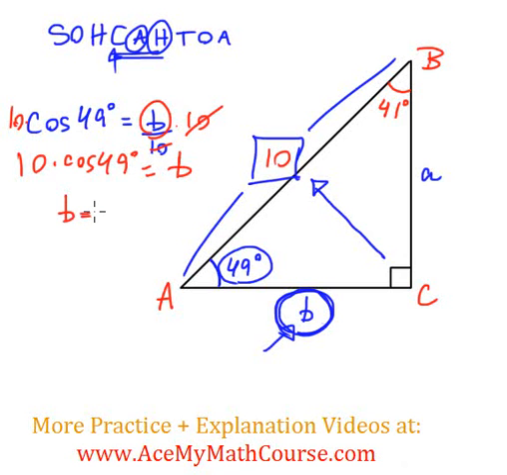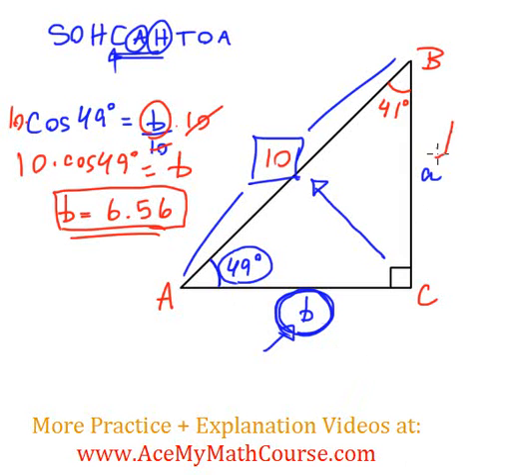So let us plug that into the calculator. 10 times the cosine of 49 degrees is equal to 6.56. Great. So that's the measure of side little b.